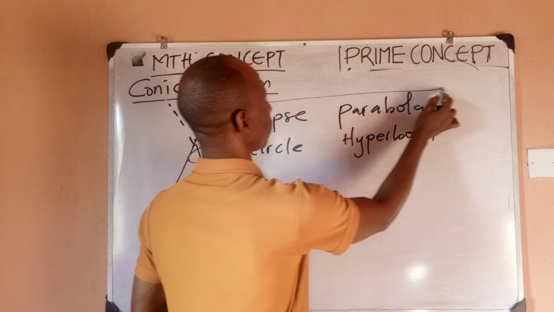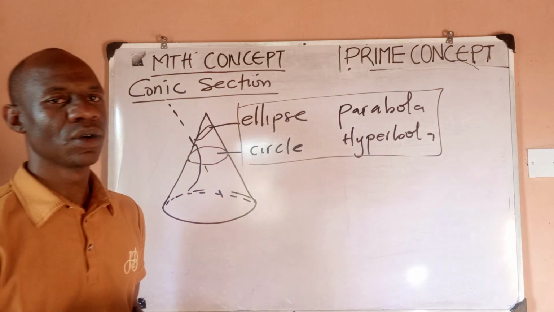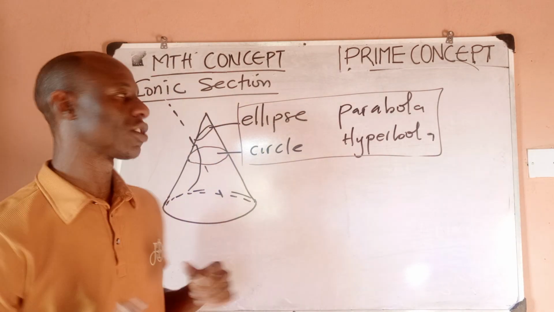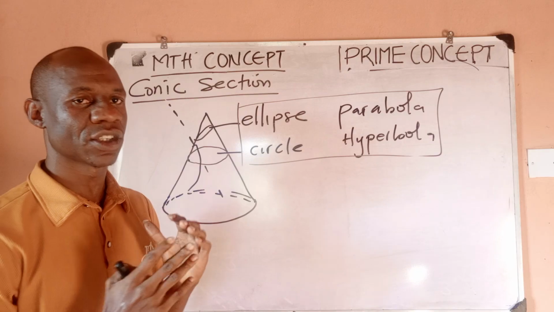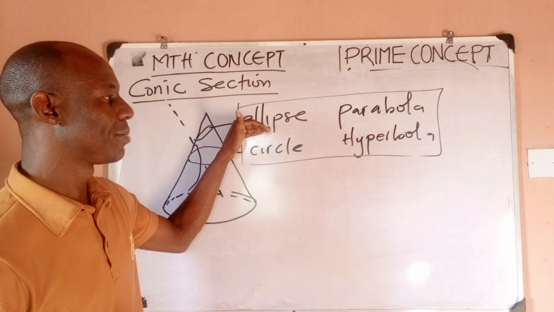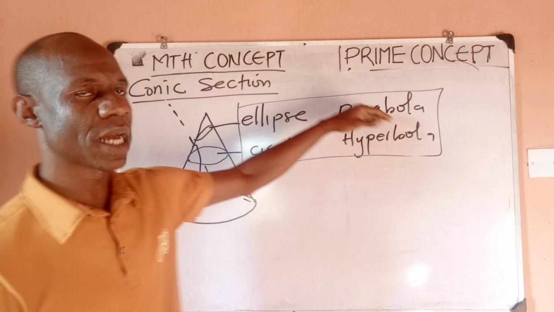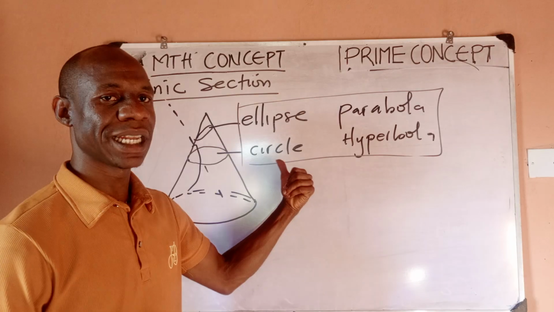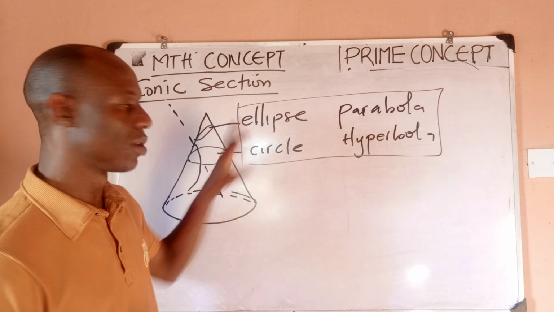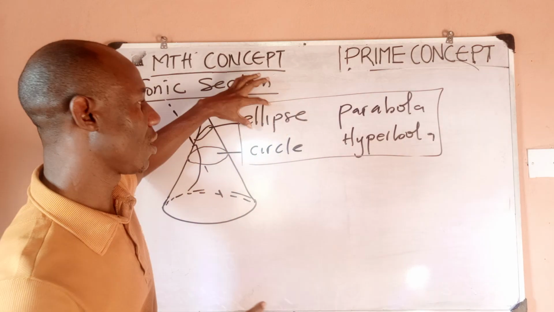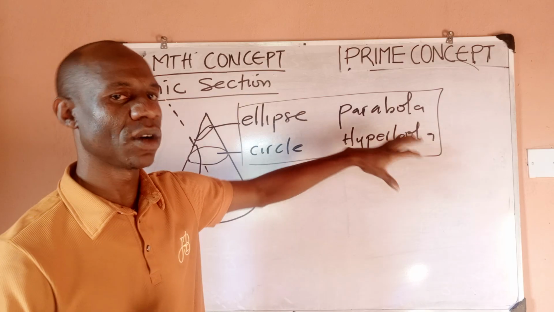So all these together are what we know as conic section. In our study of conic section, we're going to be learning the ellipse, the parabola, the hyperbola. We've already learned the circle in a different video. So we'll be focusing more on ellipse, parabola, and hyperbola.